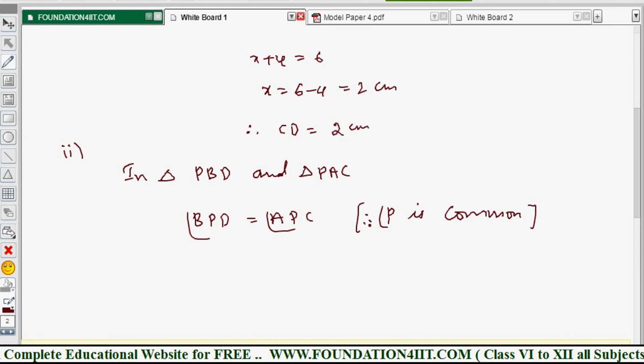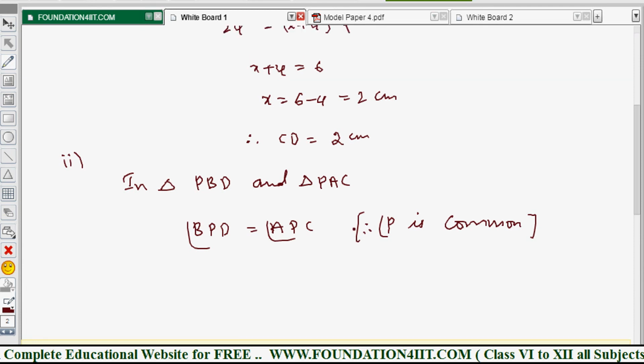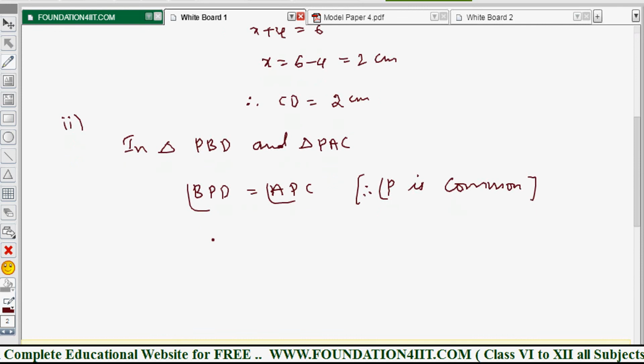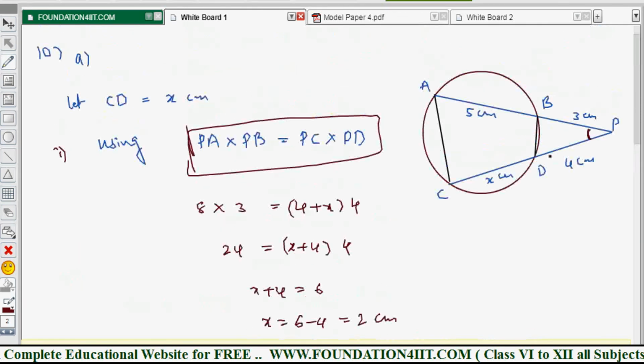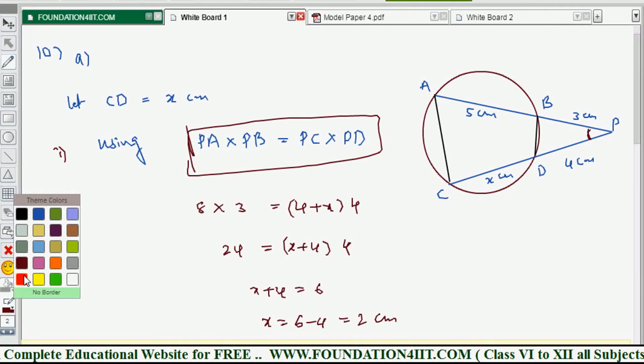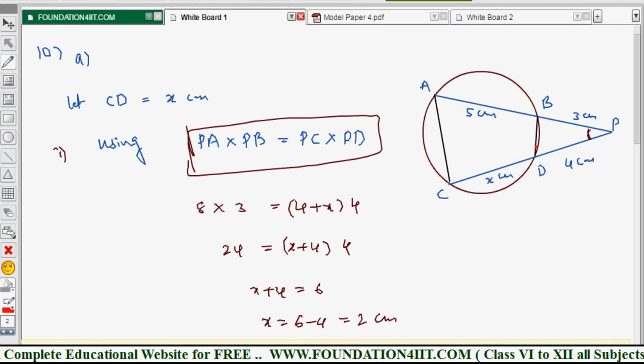And exterior angle of the cyclic quadrilateral is equal to the opposite interior angle. So if you apply that property here, angle BDP is equal to PAC. Let us see here, BDP is this angle. Let me take BDP and PAC.